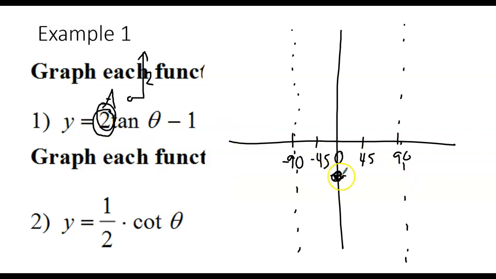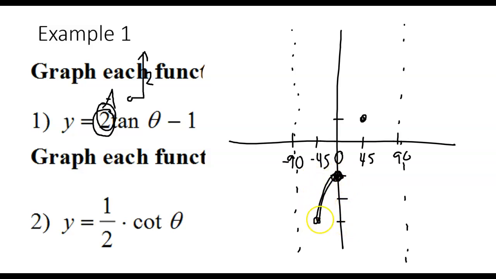We start at the k value, this dot that we put right here a second ago. So we're going to go over 1 space, which is really 45 degrees, and then we're going to go up 2 spaces. So over 1, up 2. We put another dot, and then we go over 1 this way, and we go down 2 spaces. So over 1 and down 2 spaces.